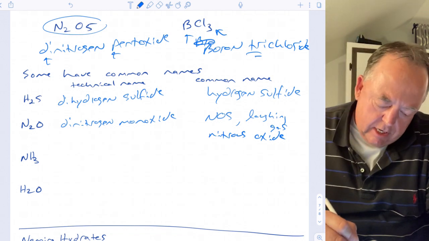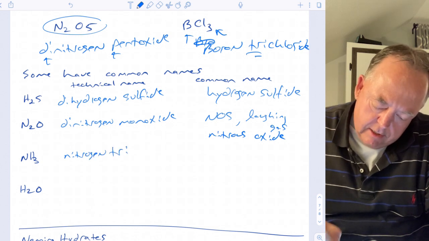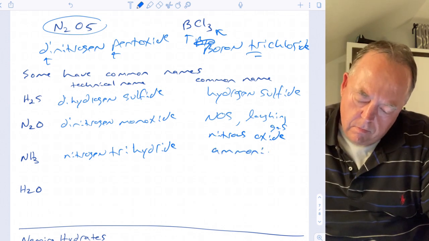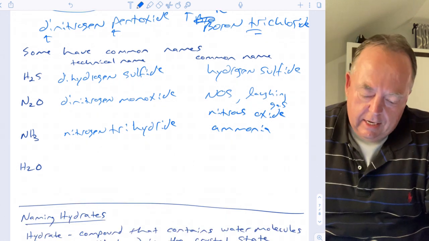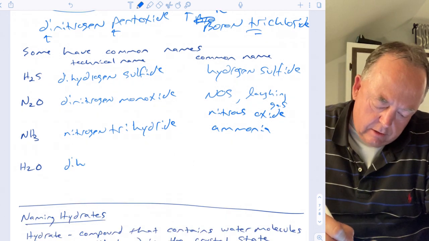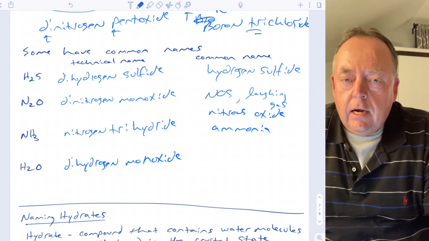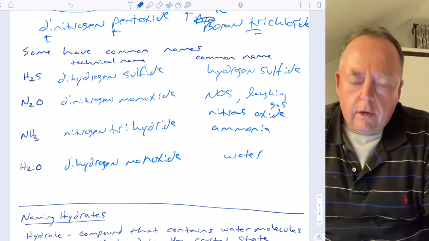NH3, the technical name would be nitrogen trihydride. The more common name would be ammonia, right? So H2O, the technical name would be dihydrogen monoxide. The more common name, of course, most people would just call this water, right?